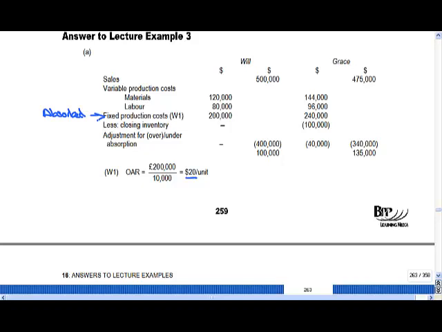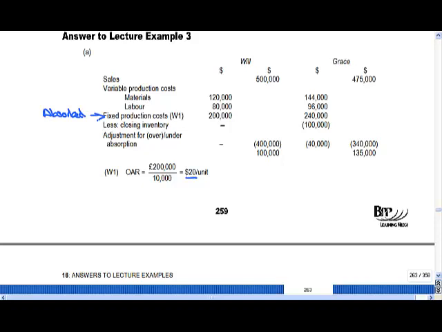The question doesn't make it clear what is the actual overhead, so we're going to make an assumption that the actual overhead is the same as the kind of normal level that we're given, the 200,000. So because his absorbed is the same as that actual 200, he has no over or under absorption.